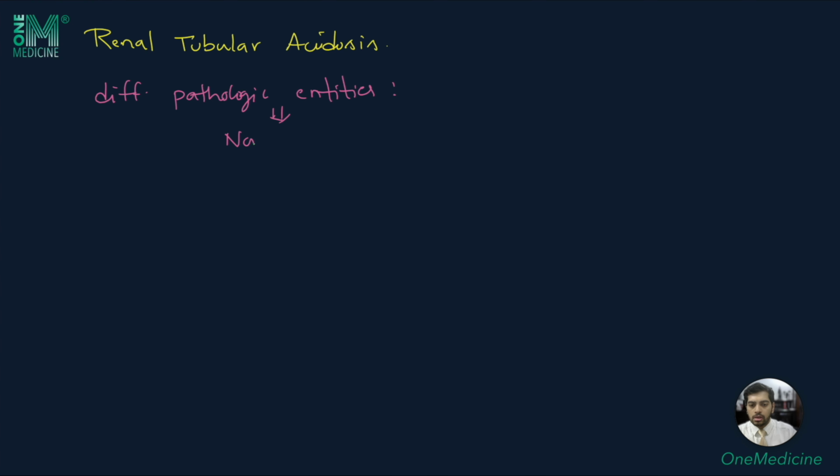The last topic in tubulointerstitial diseases is renal tubular acidosis. This is a common terminology used for different pathological entities whose common feature is non-anion gap metabolic acidosis.